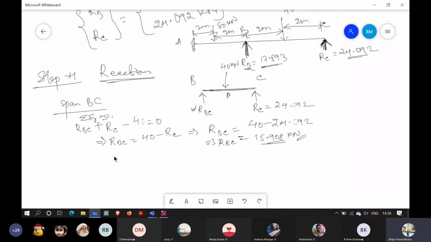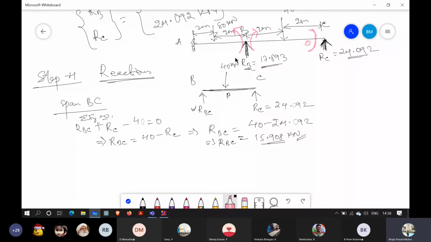What will be the value of moment here? Since this is a hinged end, or you may call it a simply supported end, the moment here will be 0. Here a moment will be there. Let us say I am assuming it is in this direction.